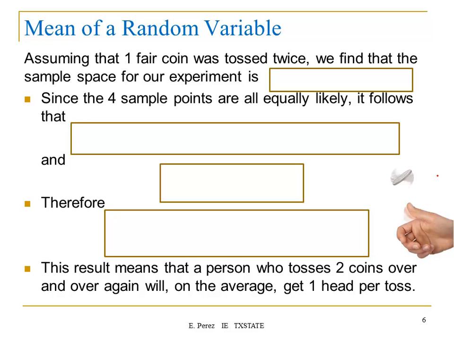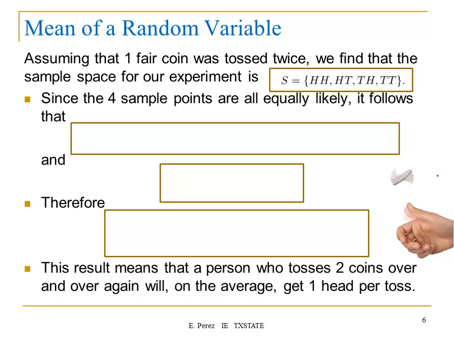From here, let's revisit this problem. This is tossing the coin again. Assuming we have a fair coin, with the same probability of getting a head or a tail, tossed twice, we find that the sample space for our experiment is this. And we know how to get that sample space.